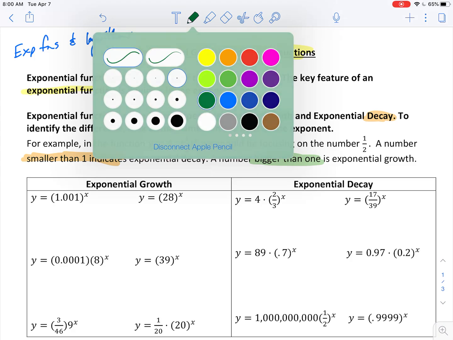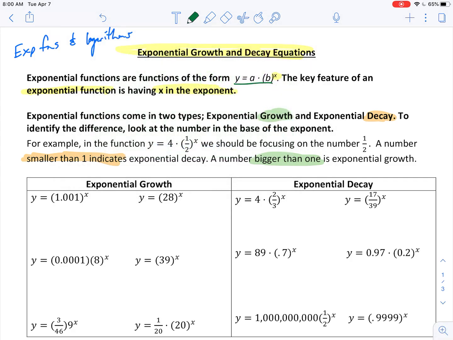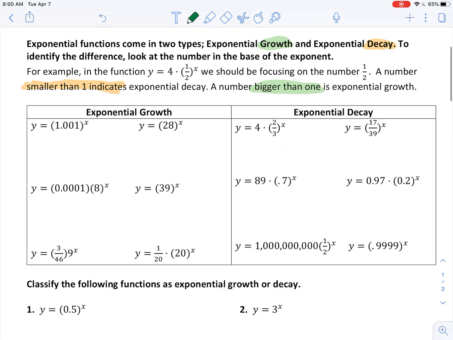Something that decays is losing mass, it's losing matter, and a number bigger than 1 is going to be exponential growth. So 1 is sort of that tipping point, if you will. It's the number that we're kind of measuring everything against.